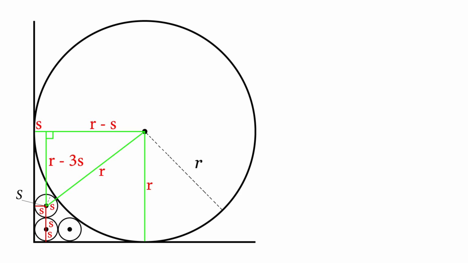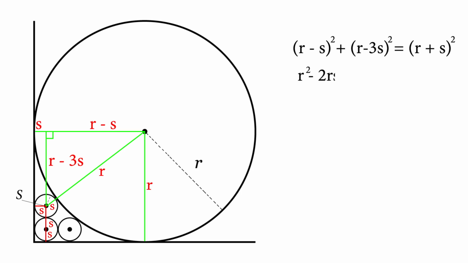That basically creates a Pythagorean relationship in this triangle right here. So what is that? It's (R minus S) squared plus (R minus 3S) squared is equal to this hypotenuse, which is R plus S, (R plus S) squared, like that. All right? Let's expand this.